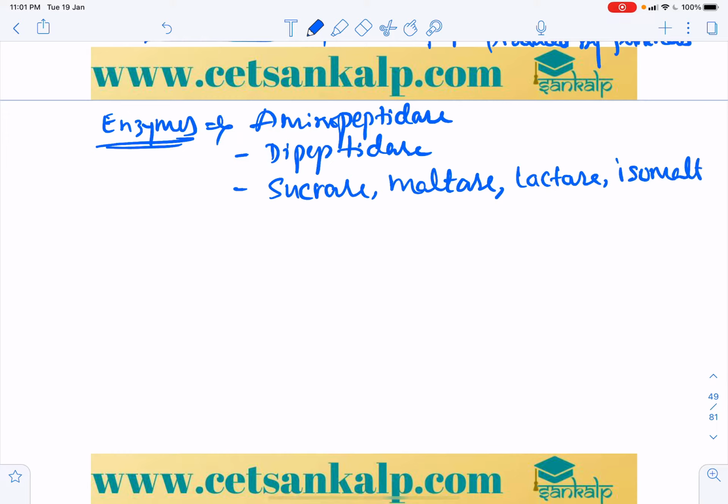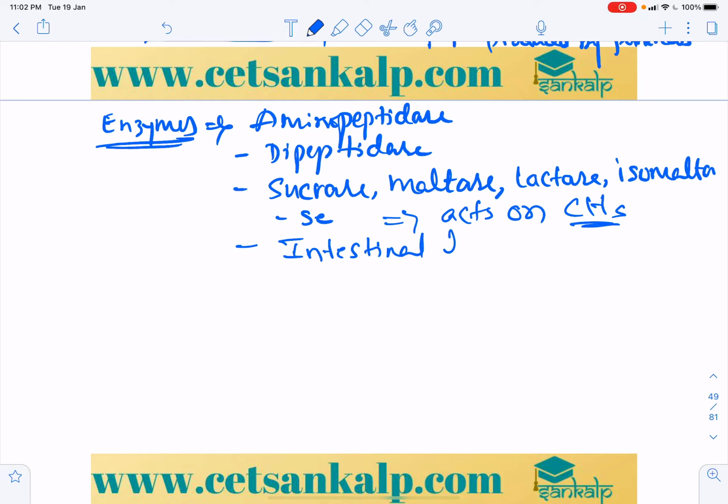These are the enzymes which mainly act on carbohydrates. And there is the production of intestinal lipase, which acts on lipids.